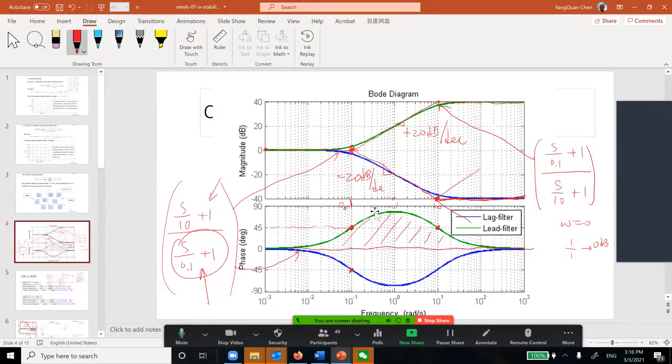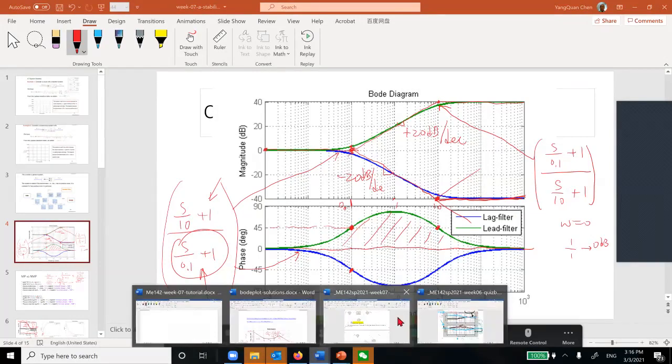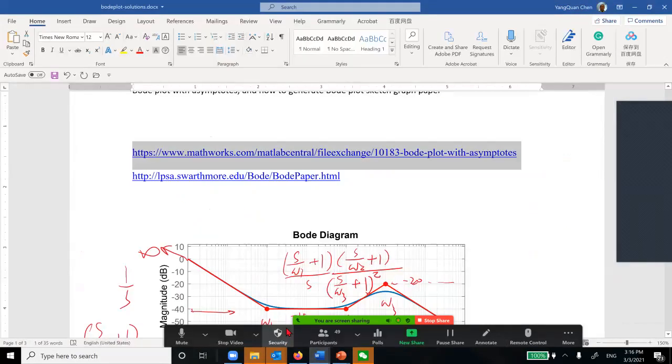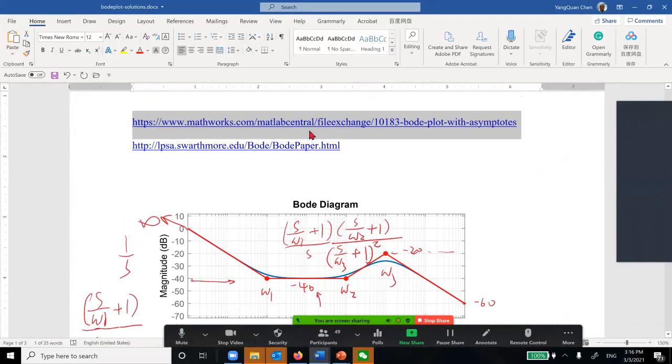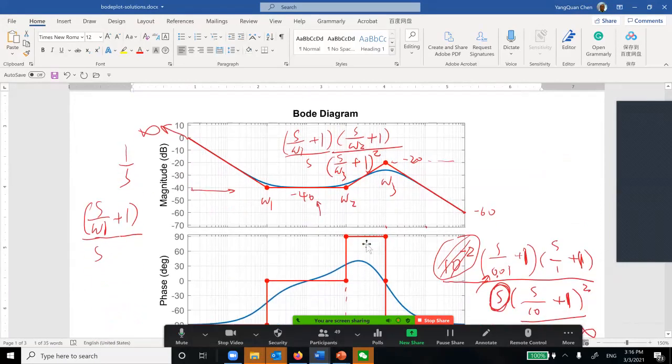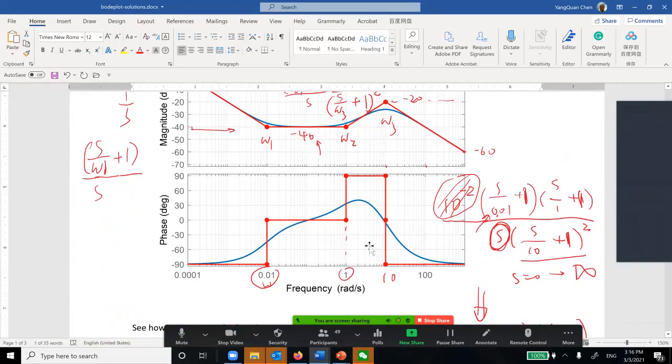Then we learned how to read the transfer function from the Bode plot. We did it without asymptotes, and another example with asymptotes. I showed you there is a MATLAB function that can do it automatically and beautifully for you.